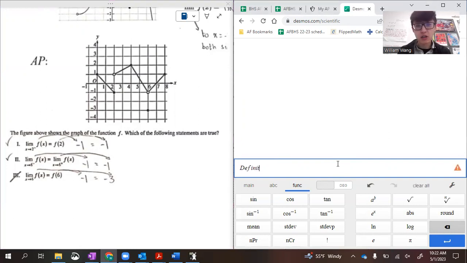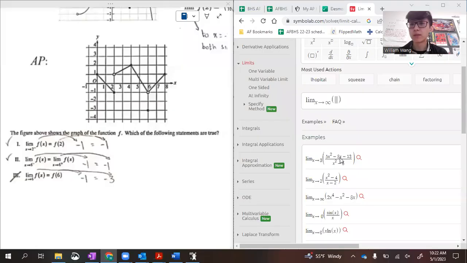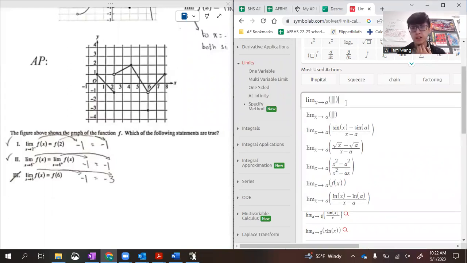So the definition of a limit, right? We have certain definitions. A limit, as let's say x approaches, I'm actually going to use symbol lab. So limit as x approaches, let's say, a number a. Well, what does this mean?